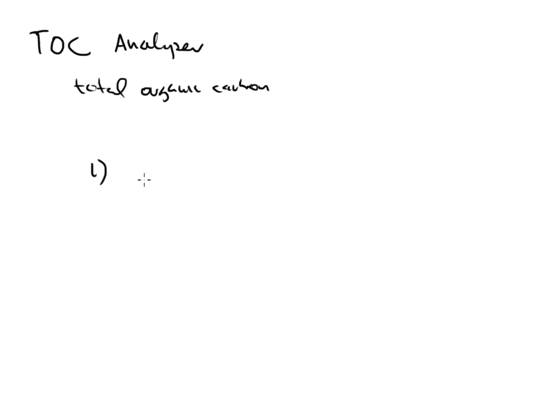So in the first part of this lecture, we're going to talk about the theory of how the machine is doing its job, why it is doing its job, and why we are looking for the things that we're looking for. And then number two, I'm going to talk about what I'm going to refer to as the main pieces and parts. These are the pieces and parts that have to be there in order for this machine to do its job.